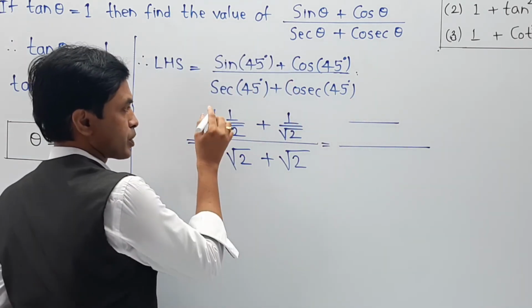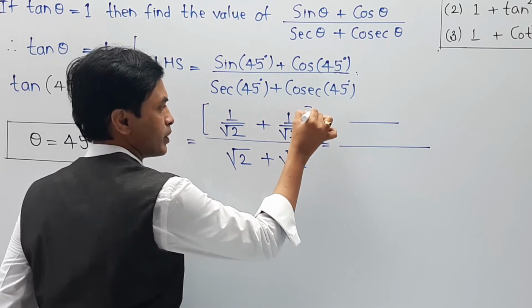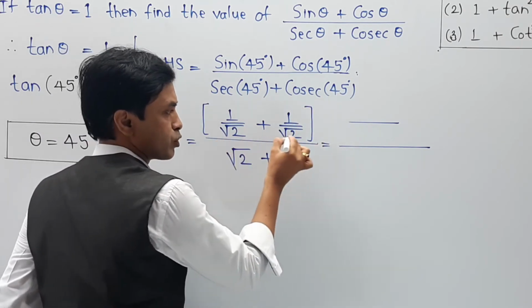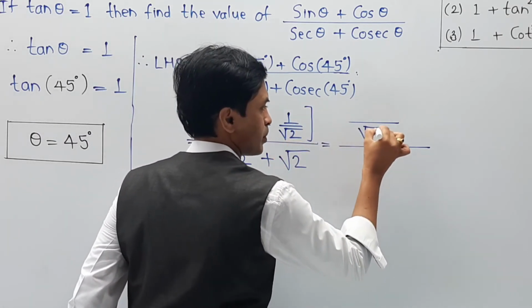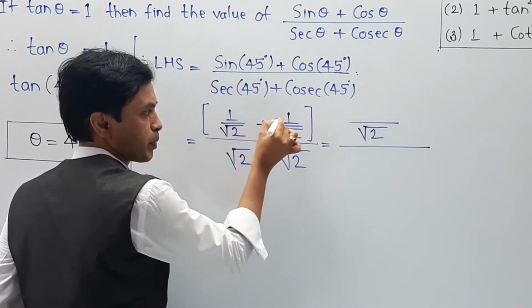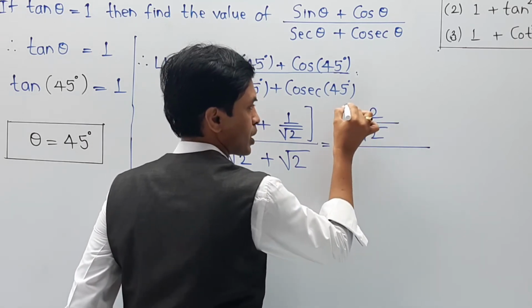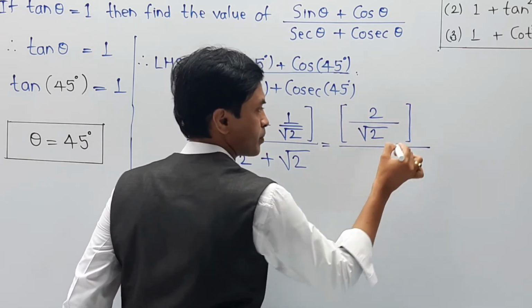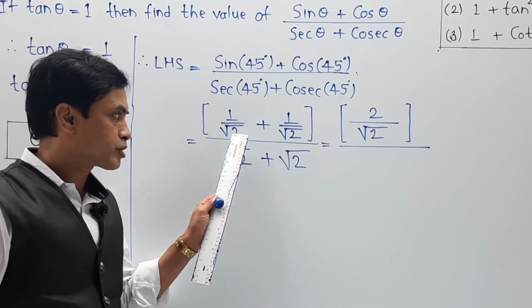First step, observe your numerator carefully. Here the base is root 2, and your numerator value is 1 plus 1, which becomes 2. So the numerator is 2 upon root 2.